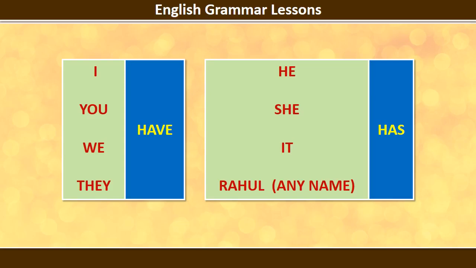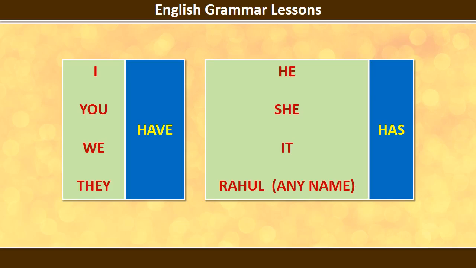Even though they are singular, for both of these we will be using have. Okay, it's an exceptional case. Please do remember, it's very important. I and you are singular even though we will be using have.